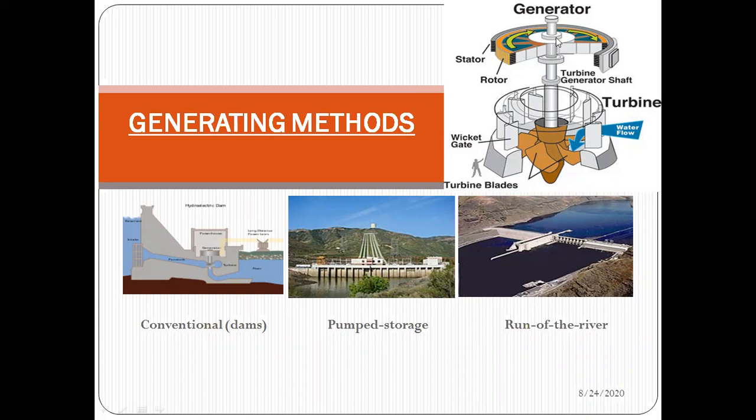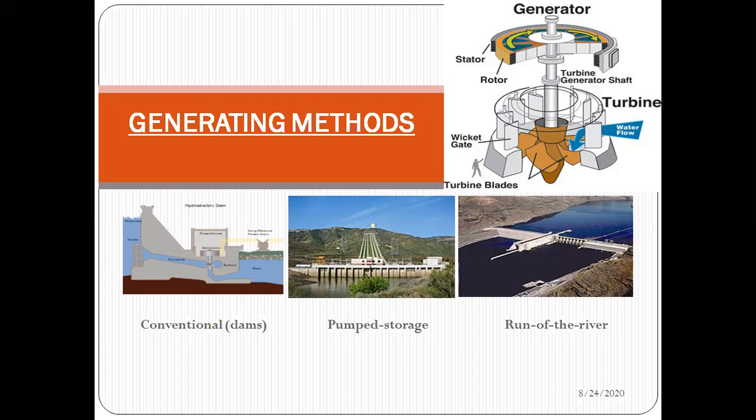This generator is connected with the turbine, and this is the turbine shaft. Here these are the blades of the turbine. The water strikes these blades and they rotate, and when they rotate, the turbine rotates, and the generator also rotates. When the generator rotates, according to Faraday's law of electromagnetic induction, an EMF is generated.